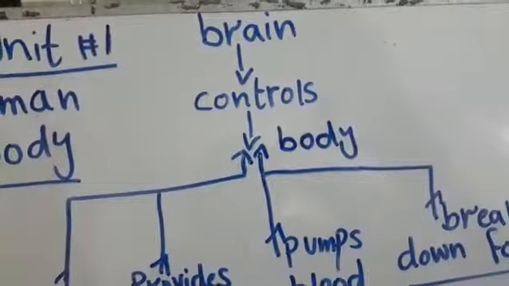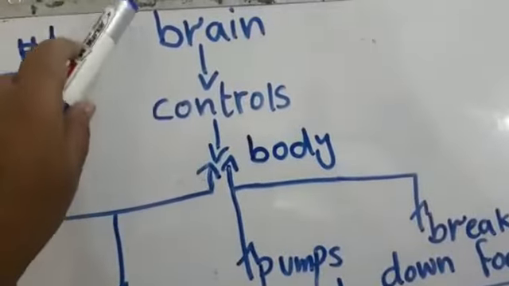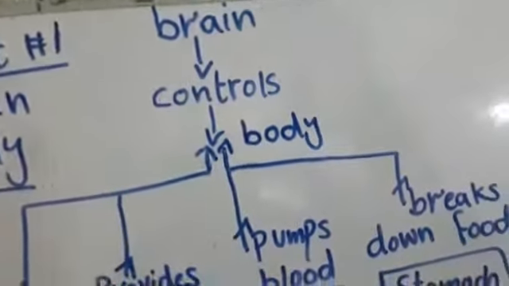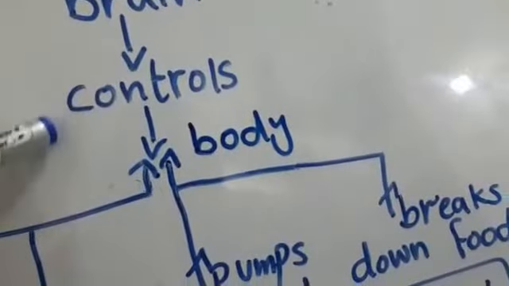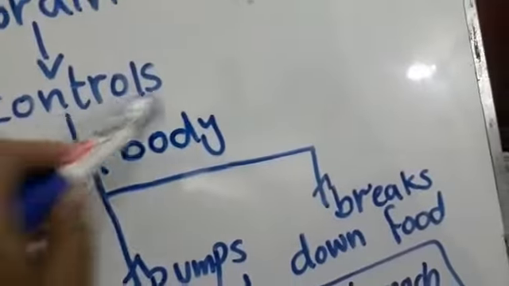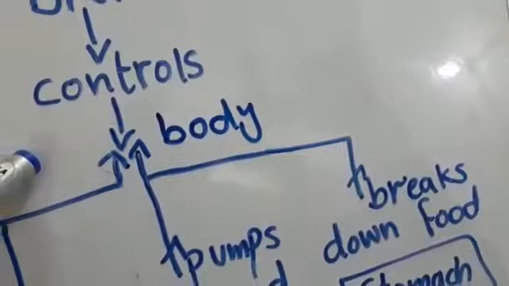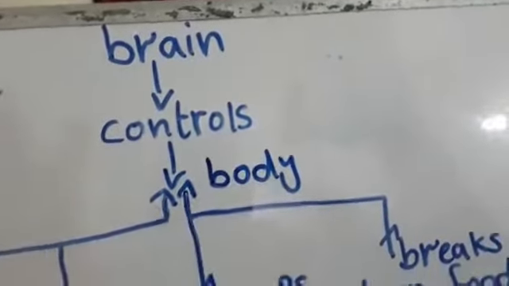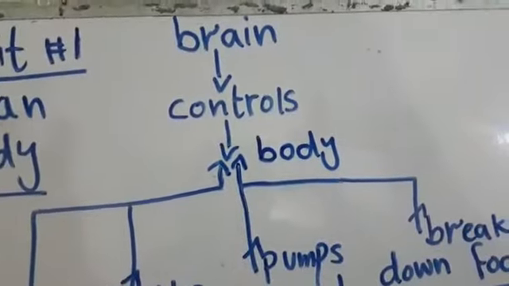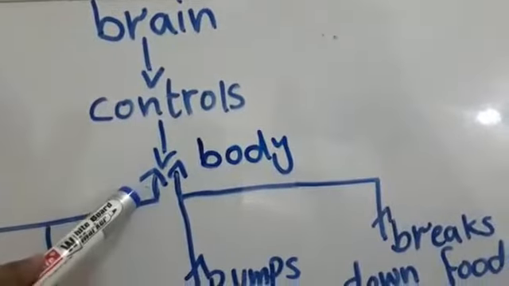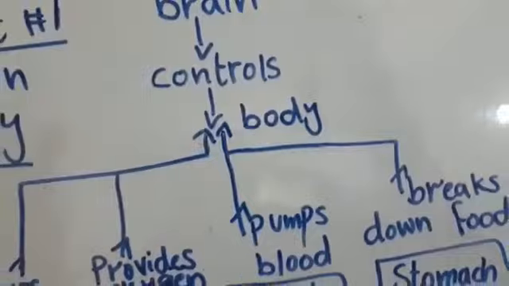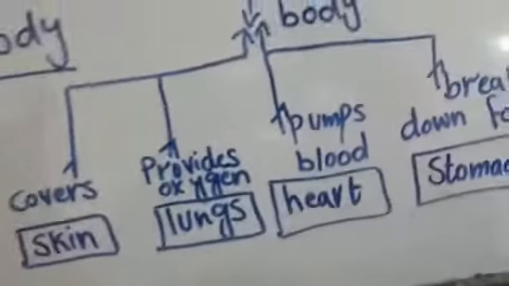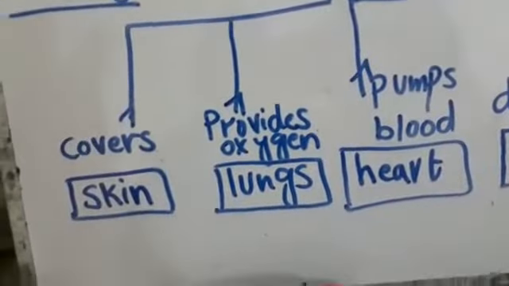brain. First of all, in a body, brain. The brain controls what? This is a body. Clear? The brain controls the body. Now, 4 major parts are written below.